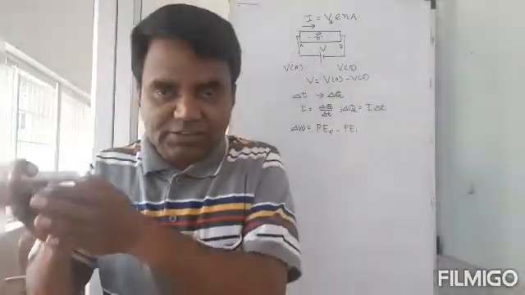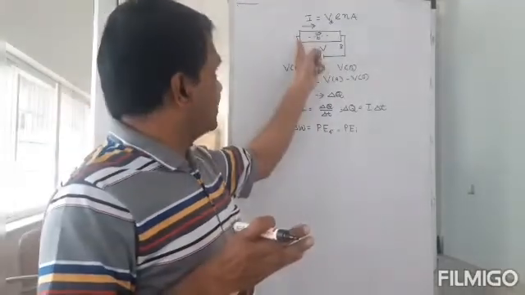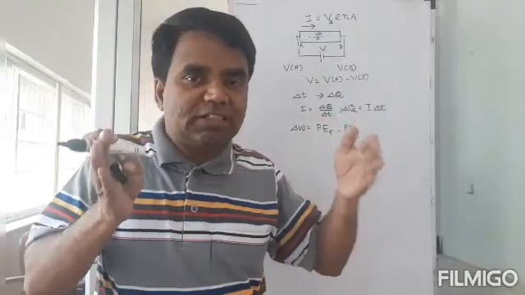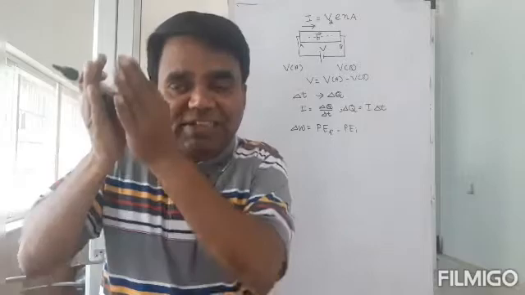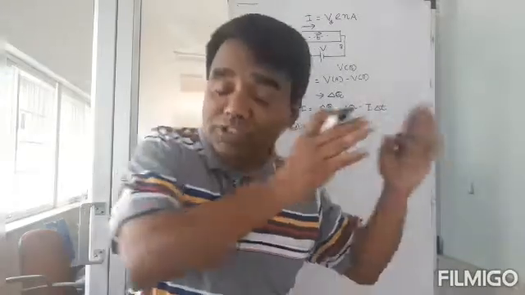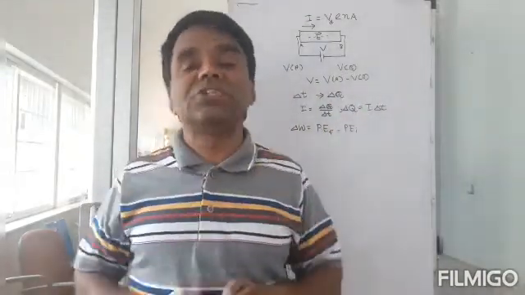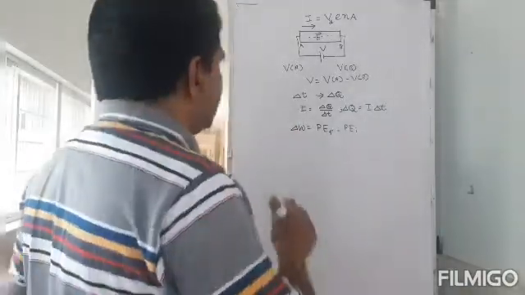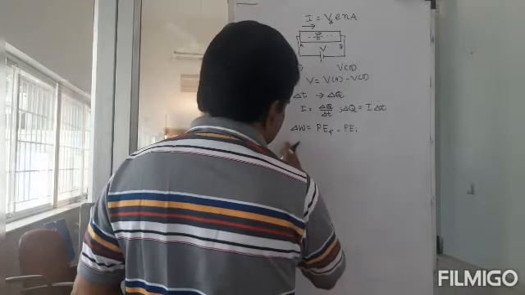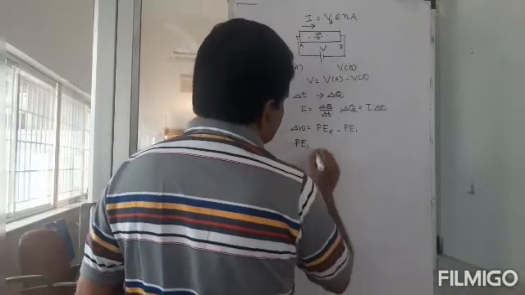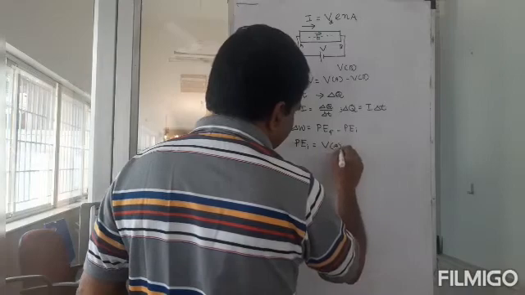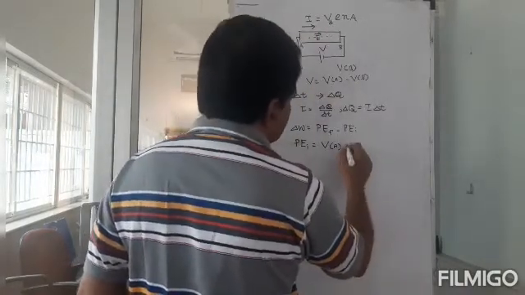So your delta Q charge starts moving from higher potential A to lower potential B. So what would be the change in the potential energy of the delta Q charge? Well, the final potential energy of the delta Q charge minus the initial potential energy. Okay. So what is the initial potential energy? So delta E, P initial is equal to this potential VA, into delta Q charge.